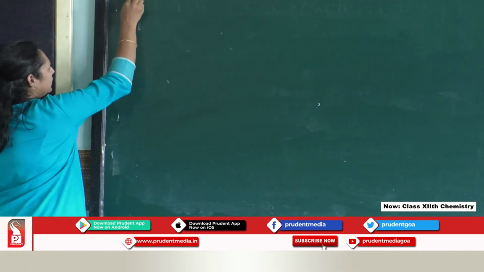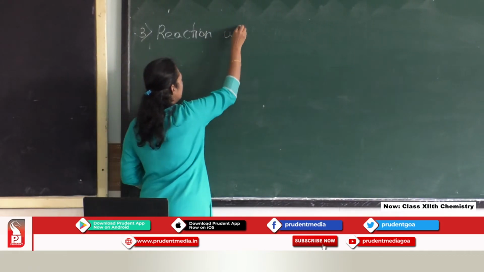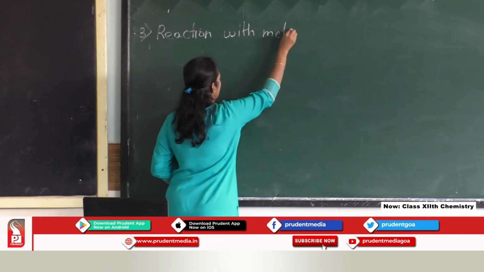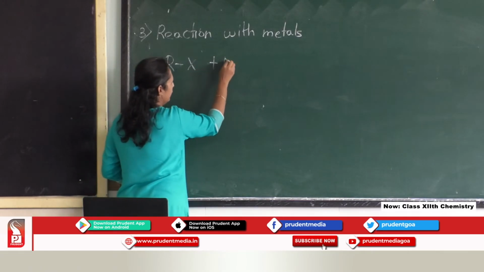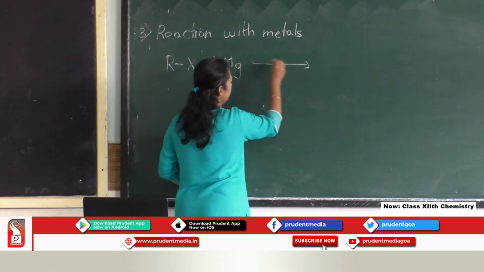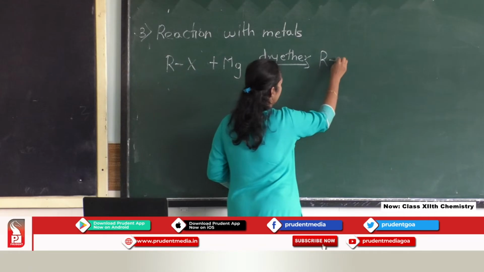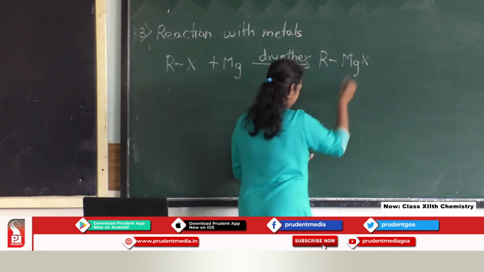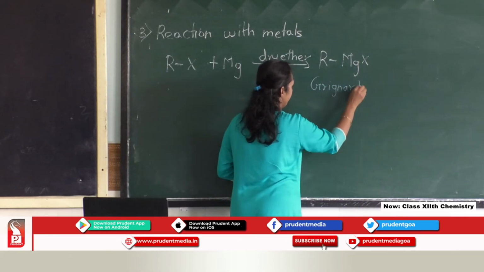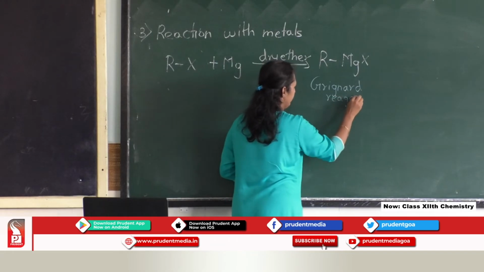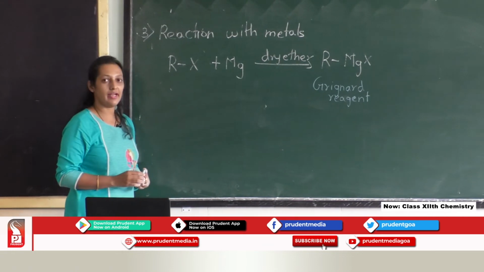Now, the third reaction that is left is the reaction with metals. Alkyl halide, when treated with magnesium in presence of dry ether, we get RMgX, that is known as the Grignard reagent.